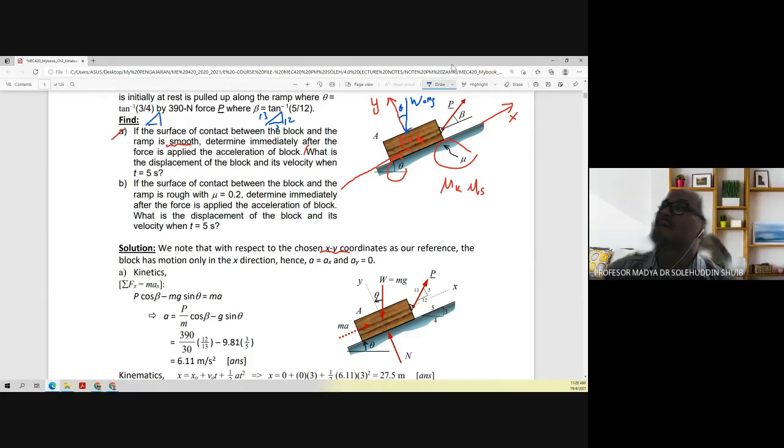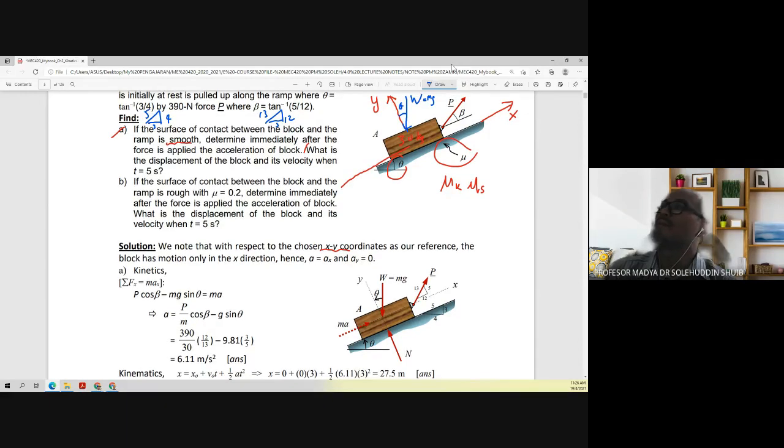Same thing for the ramp: we have 3, 4, 5, and the hypotenuse is 5. So you can draw the diagram based on the information given: 12, 5, 13 for the force, and 3, 4, 5 for the ramp.